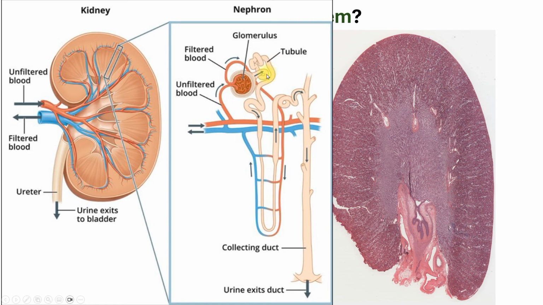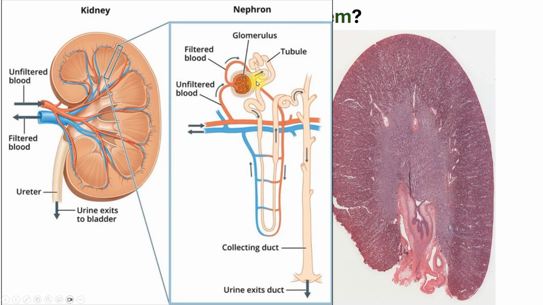Then it will go to the proximal convoluted tubule where a lot of nutrients are absorbed, as well as water and other stuff. As it goes down, some areas will not be much for reabsorption of nutrients, but just for water. It depends. But the main function is that only the waste will eventually go out, or the majority would be waste, and the things still needed by the body would be reabsorbed back into the capillary system.